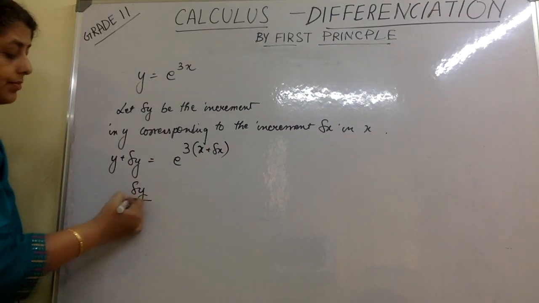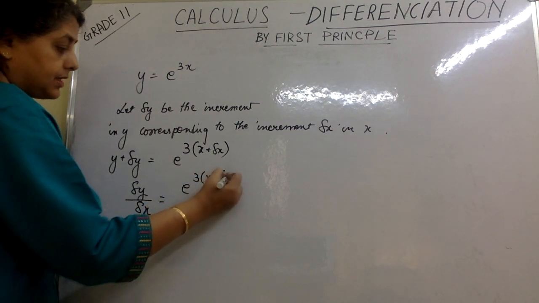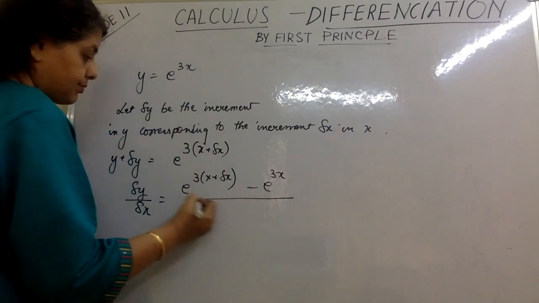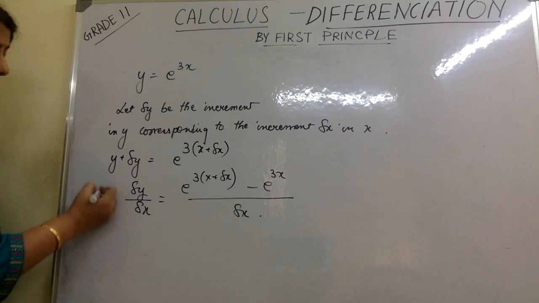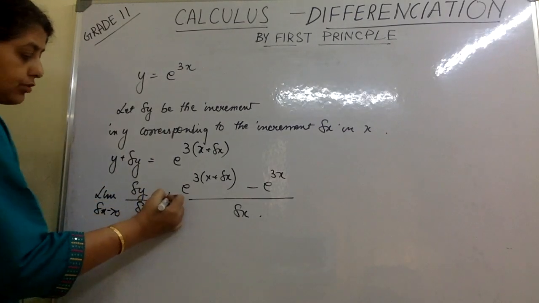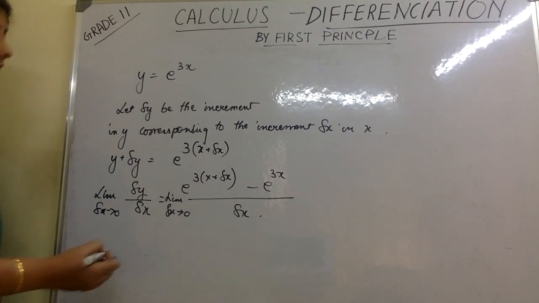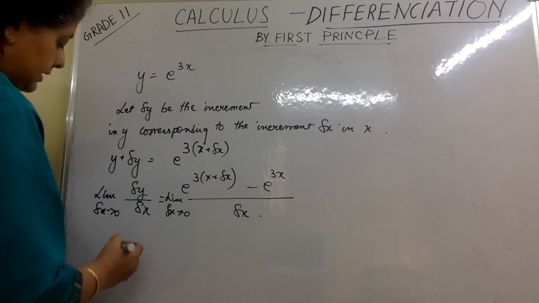Now del y by del x is (e to the power 3(x plus del x) minus e to the power 3x) by del x. If I put a limit here, limit del x tends to 0, then you have to put one here also, del x tends to 0, and this becomes equal to dy by dx, isn't it?